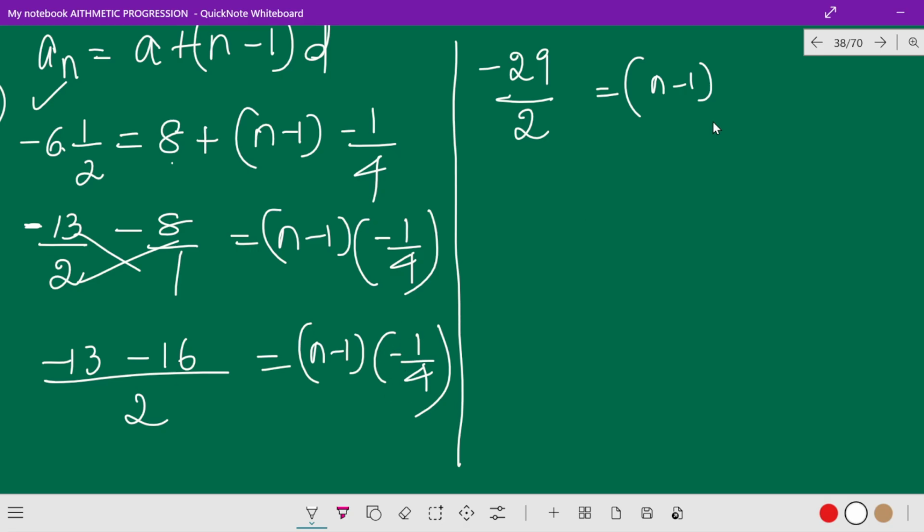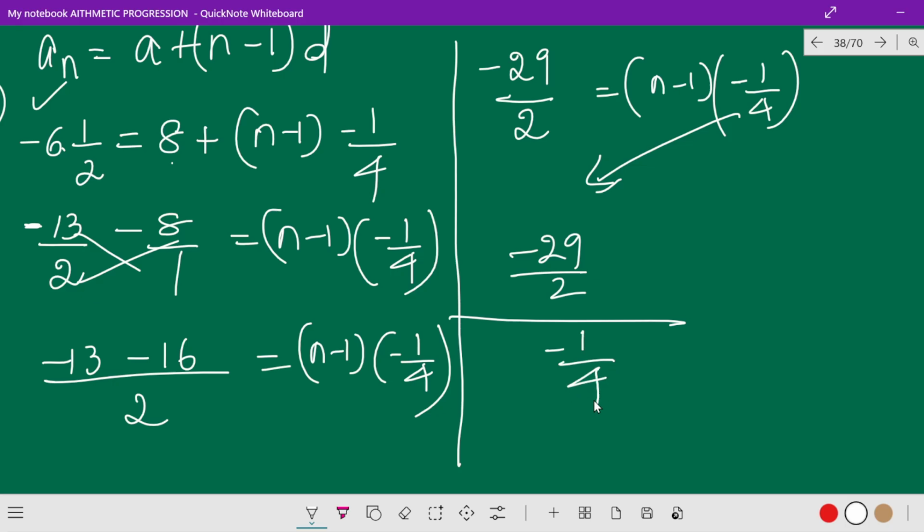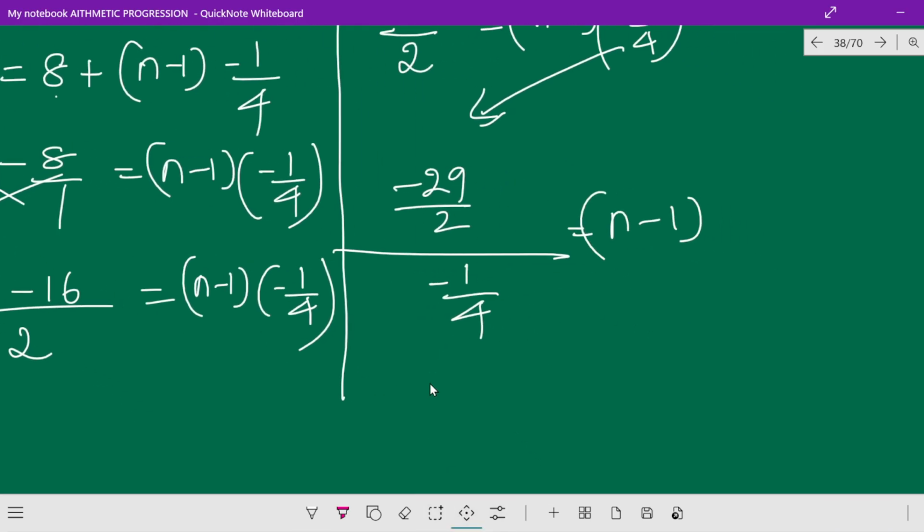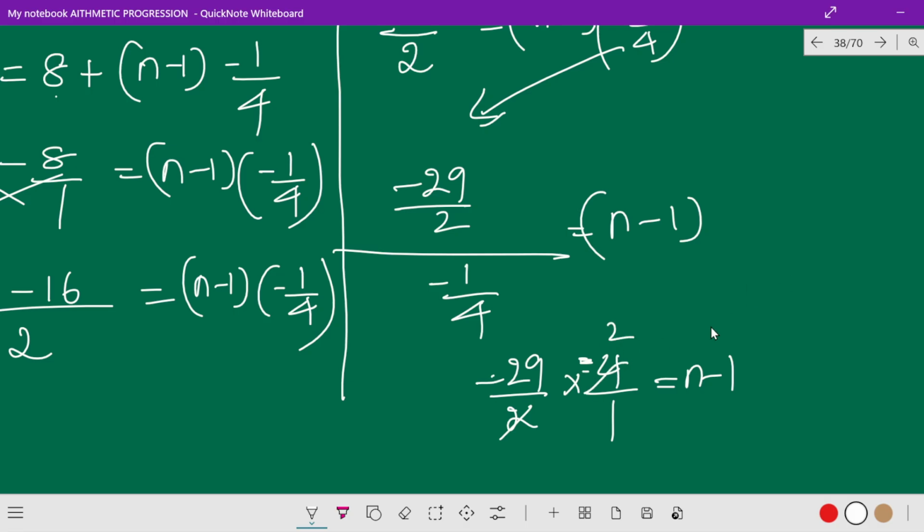This minus 1 by 4 comes down in the denominator. So minus 29 by 2 divided by minus 1 by 4 is equal to n minus 1. So this becomes minus 29 by 2 into minus 4 by 1 is equal to n minus 1. 2 ones are 2, 2 twos are 4, minus into minus is plus.